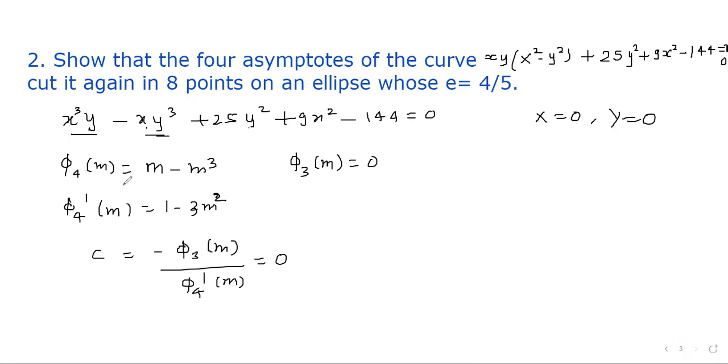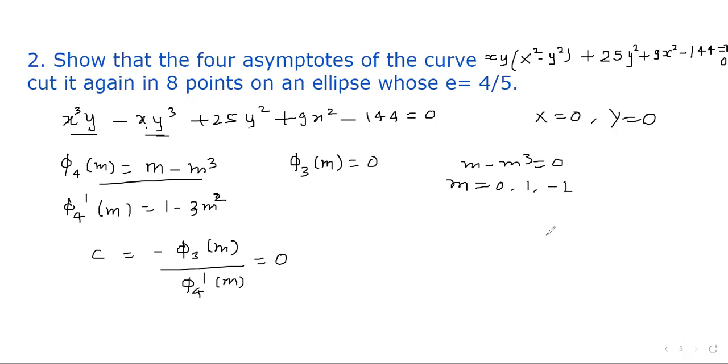So to get the asymptotes, we equate φ₄(m) to 0. So m − m³ equal to 0. So we will get m equal to 0, 1, and −1.